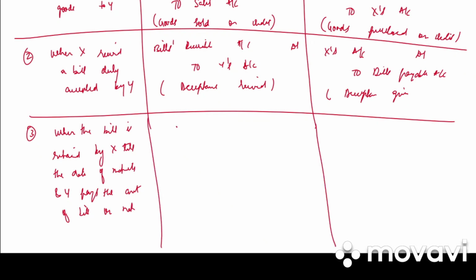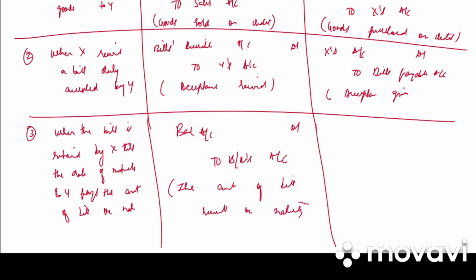So in the books of drawer it is bank account debited to bills receivable account, in bracket the amount of bill received on maturity. In the books of acceptor it is bills payable account debited to bank account, in bracket the amount of bill paid on maturity.